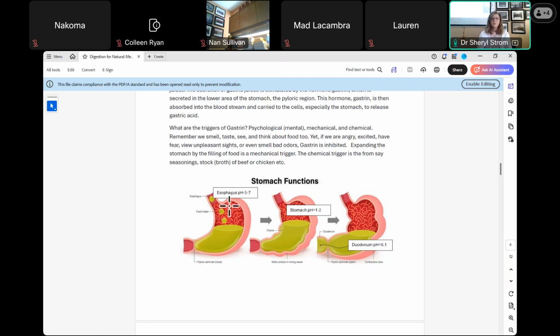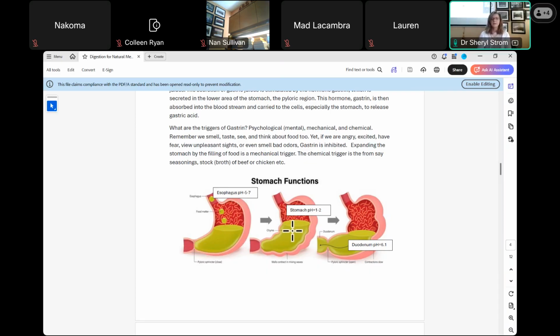So here we have the upper portion of the stomach, and then obviously the food will drop down to the lower portion where the pyloric sphincter is. Okay, in the center of the stomach, that is a little more acidic, and it's about a pH of 1 to 2. You can go online and find this, and everybody has their own pH levels.